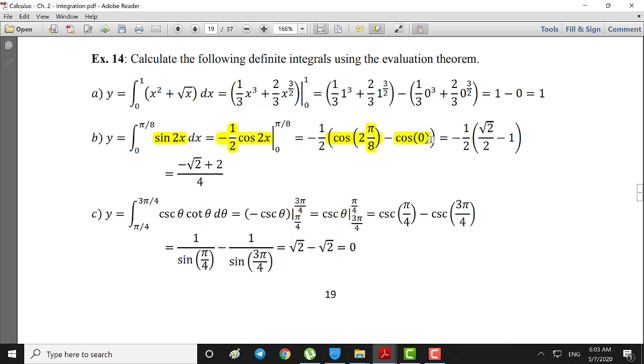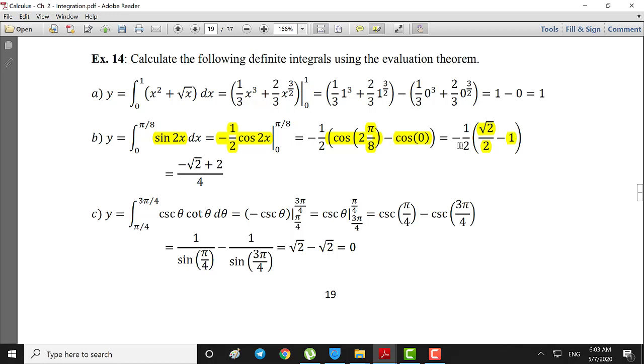Now, the first part, cosine of 2 times pi over 8, is cosine of pi over 4. Cosine of pi over 4 is equal to what? Square root of 2 over 2. Cosine of 0 is equal to what? It is equal to 1.